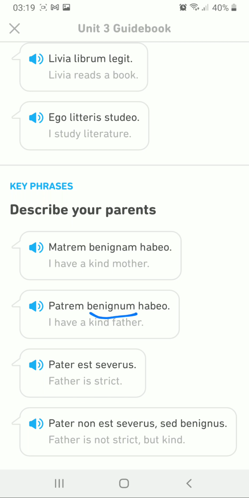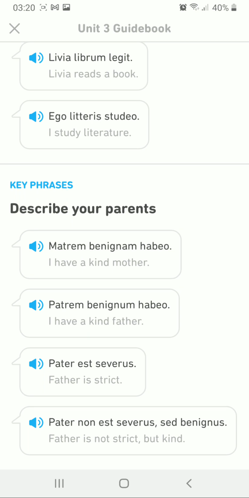So pater, mater, it changes, it becomes matrem and patrem. Benigna becomes benignam, and benignus becomes benignum. So I see there is kind of a pattern here.